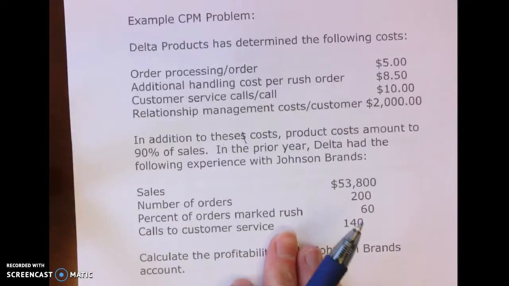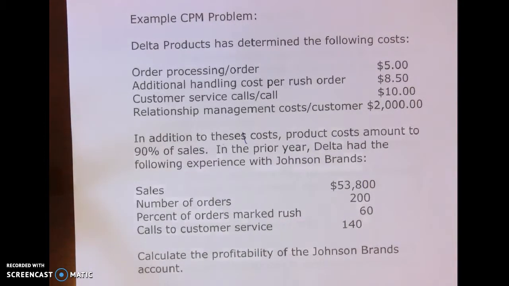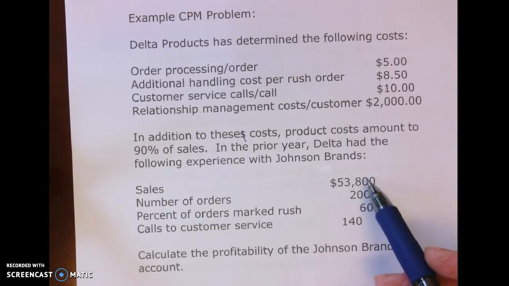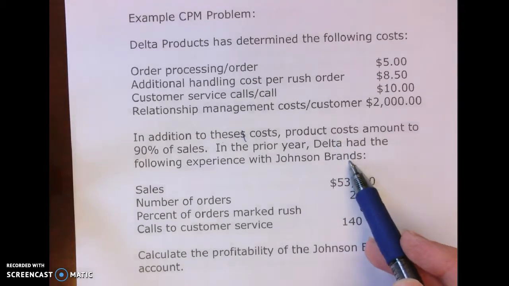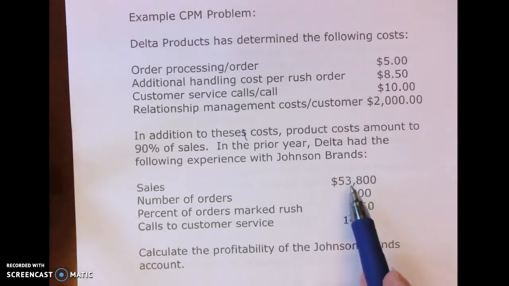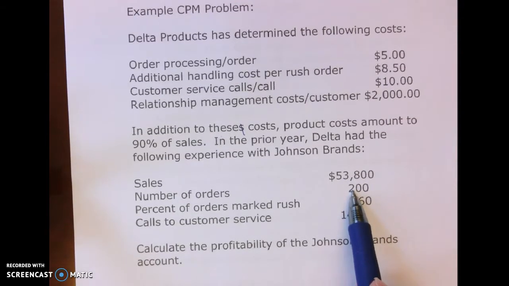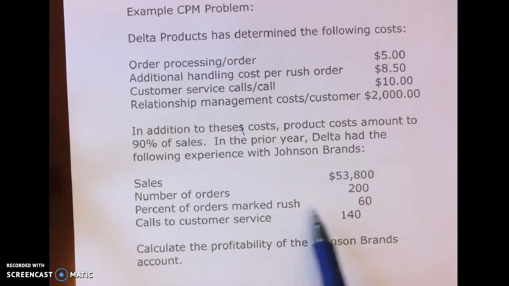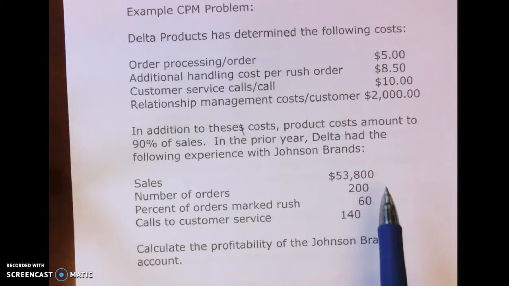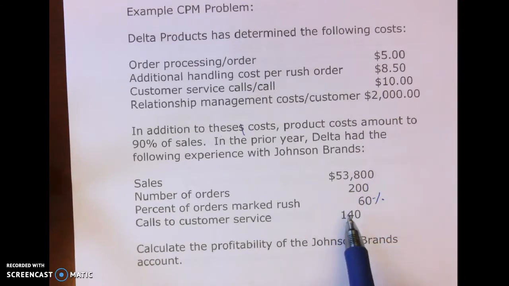In the prior year, Delta had the following experience with Johnson Brands, our customer. We had $53,800 in sales. Johnson Brands placed 200 orders. Of those 200 orders, 60% were marked rush, and then they also made 140 calls to customer service.